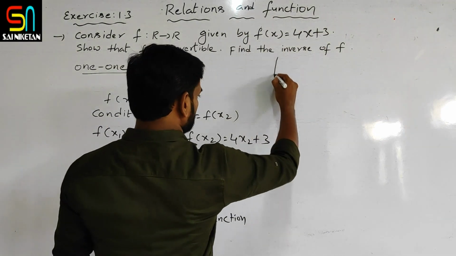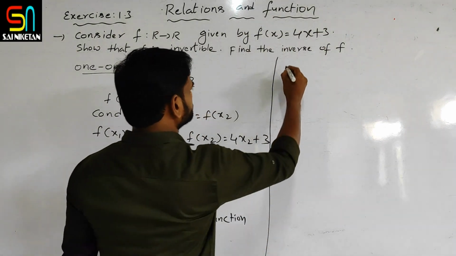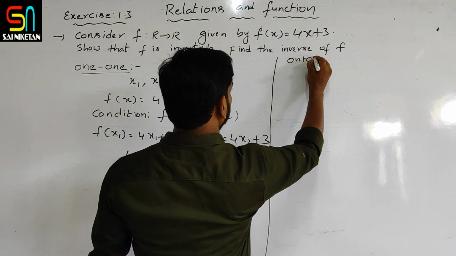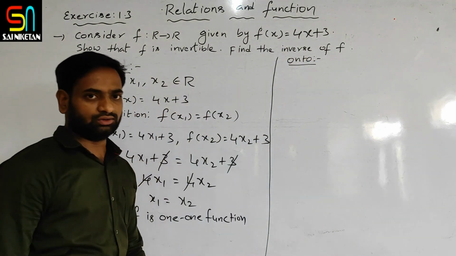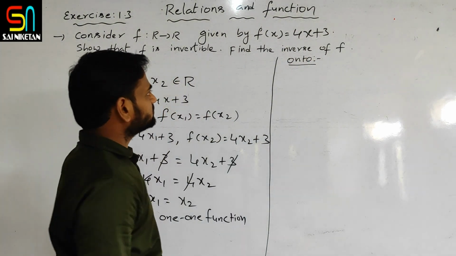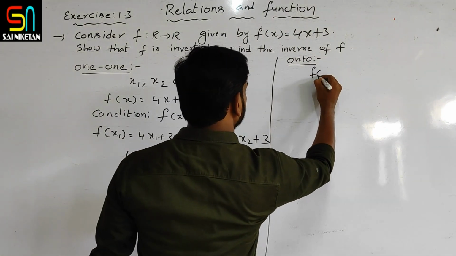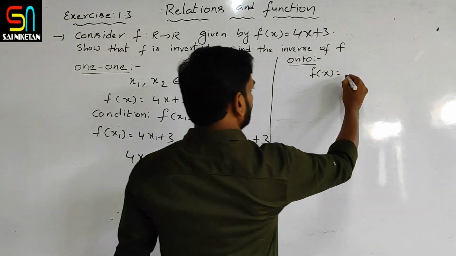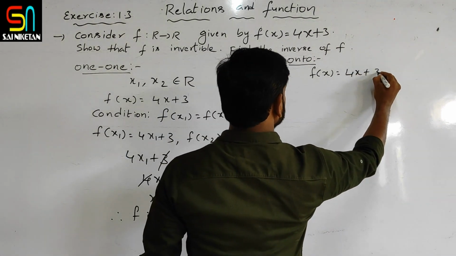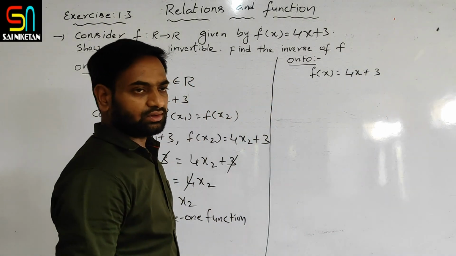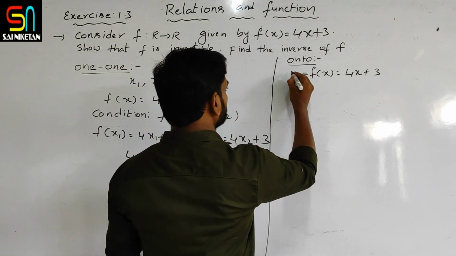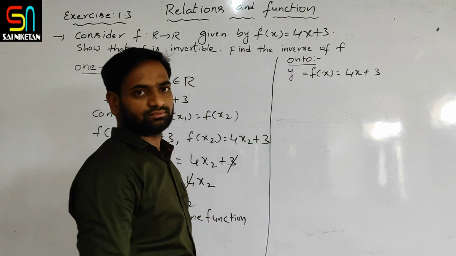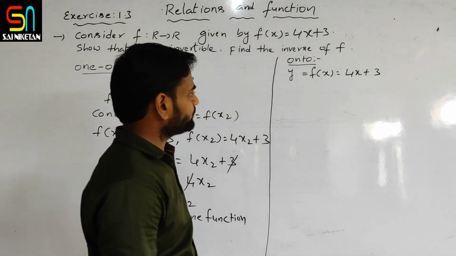Now, what about onto? Coming to onto, see here. The given function is f of x equal to 4x plus 3. This function I am taking as y.